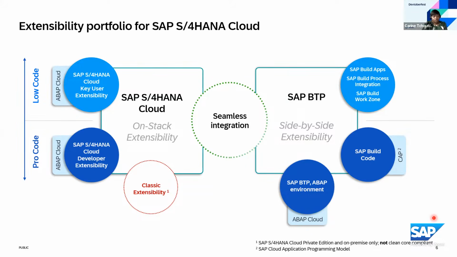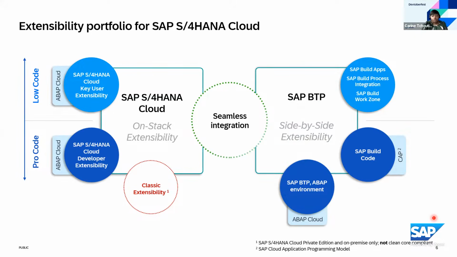But of course, we strongly recommend the Cloud ERP Cloud Extensibility model, so that our customers and partners can also benefit from smooth system upgrades with less effort regarding functional testing and so on.